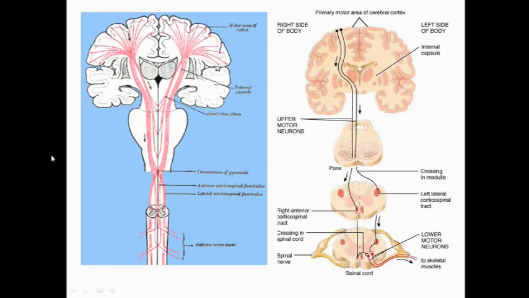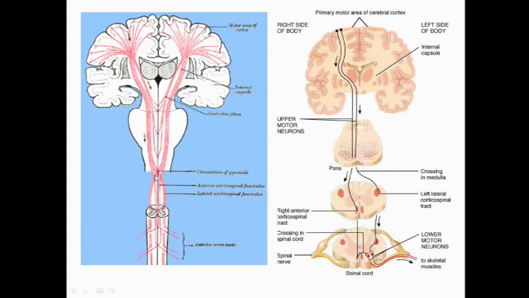Again we will summarize this, or you can see on the left side how exactly the fan-like fibers of the pyramidal tracts cross the internal capsule, entering into the pontine and medullary region. At the lower end of the medulla they decussate to the other side in the form of the lateral corticospinal tract.